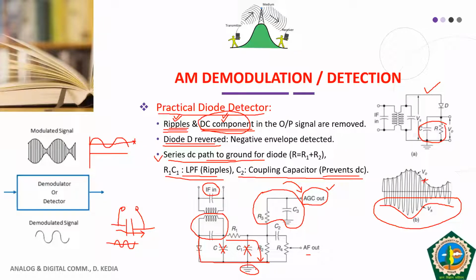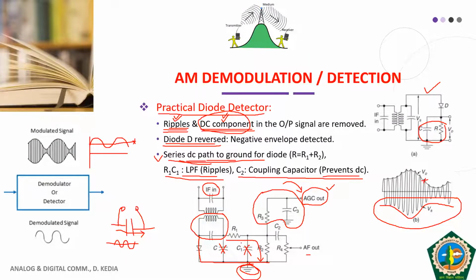So we can say here that your practical diode detector circuit provides a series DC path to ground. It means whatever DC component was present at the input of the secondary has been grounded through R1, R2. That is the meaning.